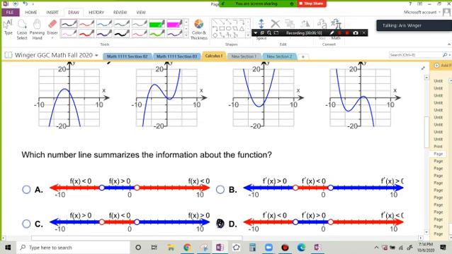I like this one. Right? So these are comments about the function, these are comments about the derivative.